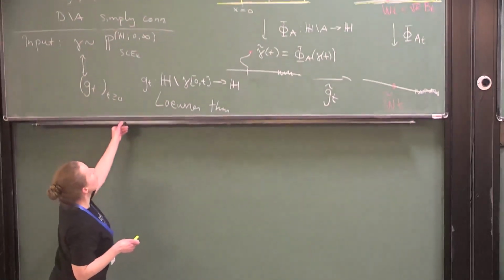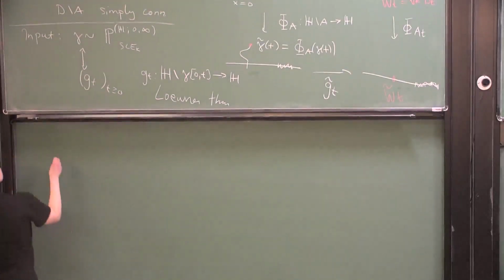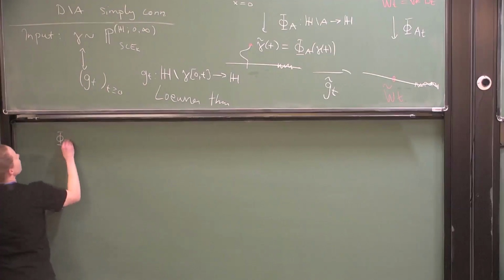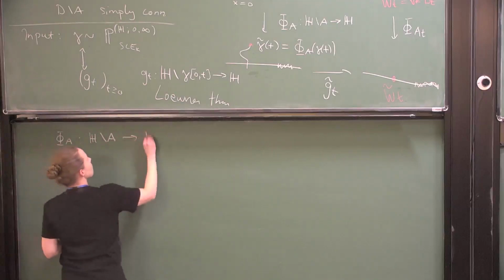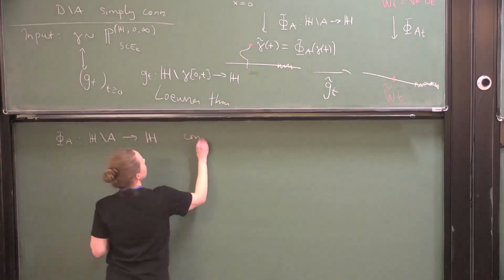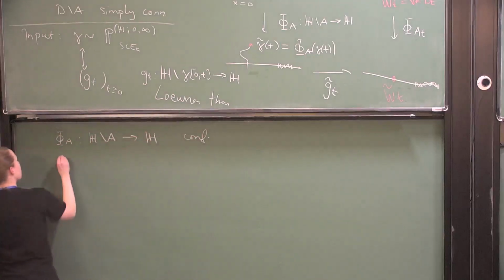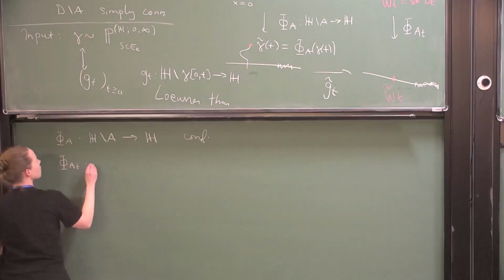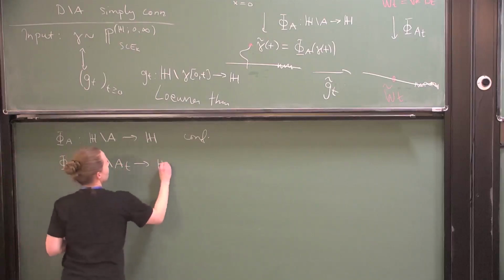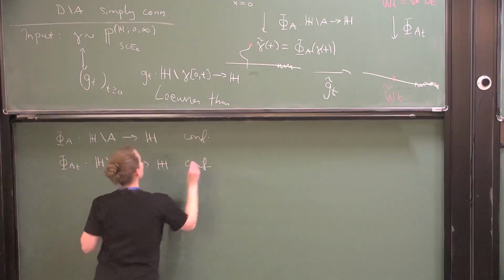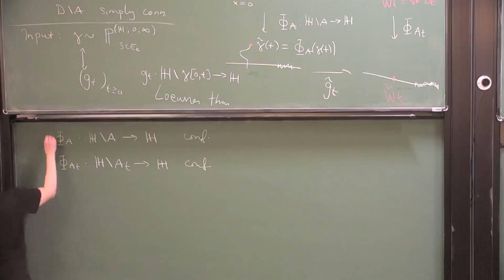So, upshot, this one is a conformal map chosen in a certain way. This one, well, similarly. So somehow it doesn't care about the curve.